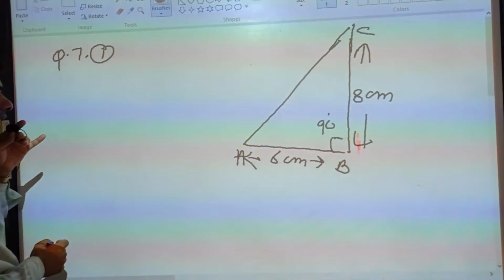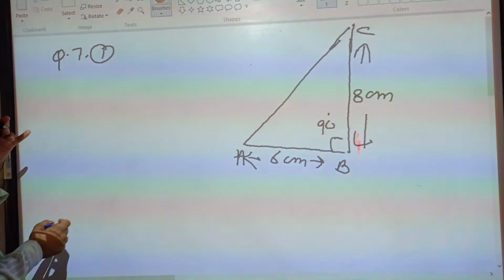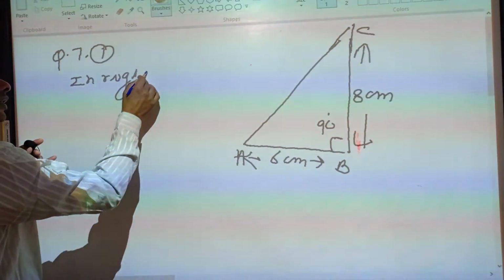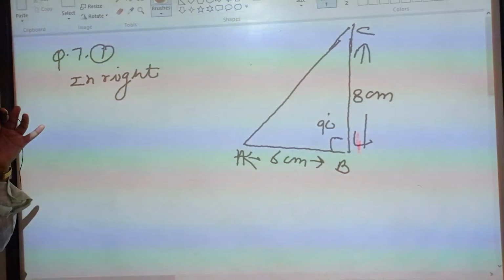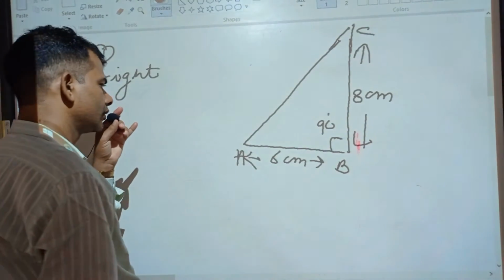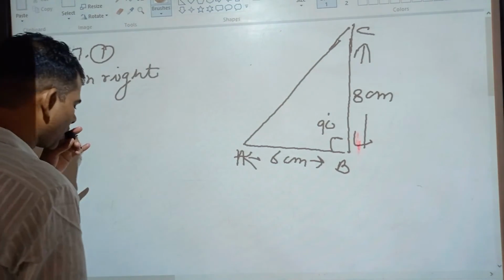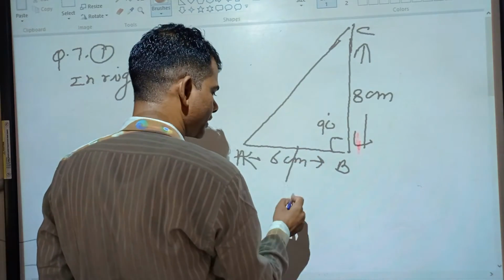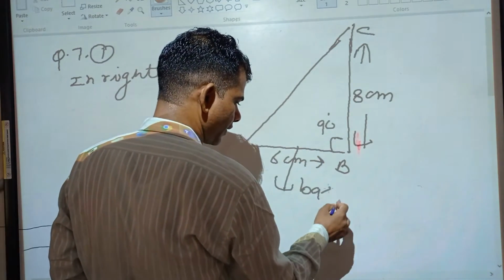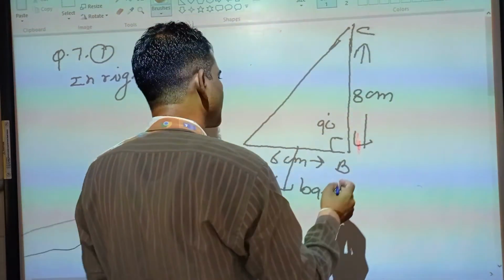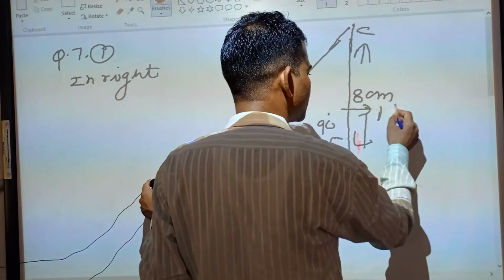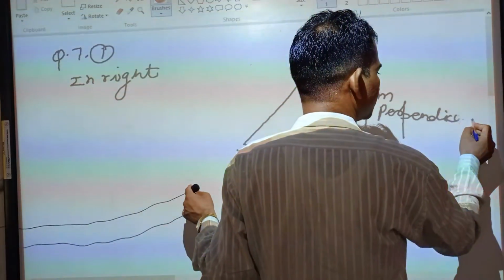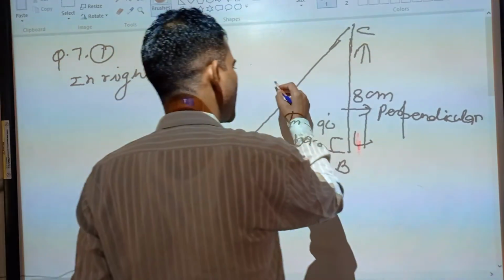In right angle triangle, Pythagoras theorem we will apply. Listen to me. It is your right angle triangle. It is your base, and it is your perpendicular, and it is your hypotenuse.